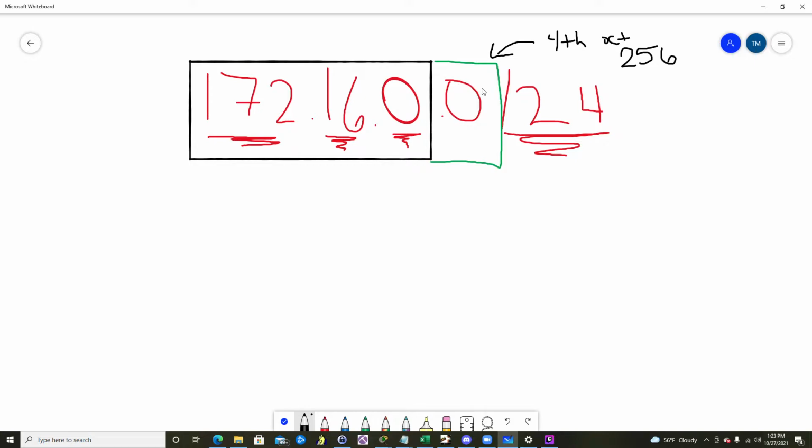So when we're subnetting, we're dividing this block of 256 into different even chunks.